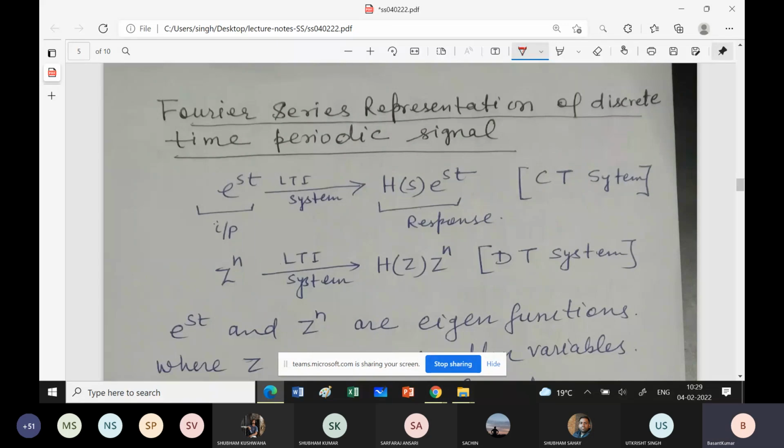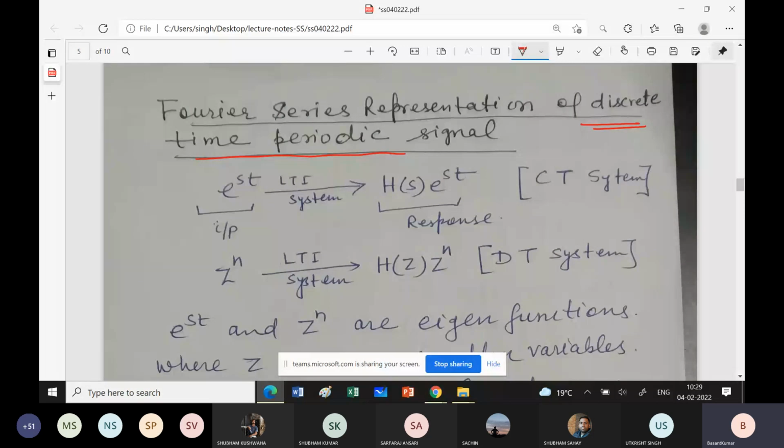Now we have to do a similar study for a discrete time periodic signal. It must be very similar, but there will be some differences also. Where did we start? Eigenfunctions. We have preferred eigenfunctions. Why have we gone for this Fourier series analysis?